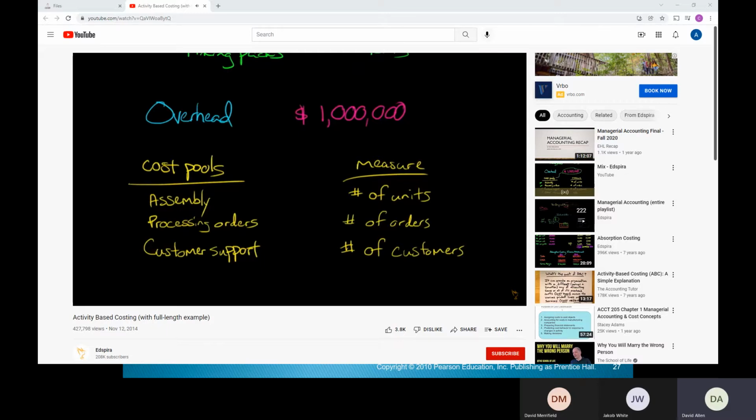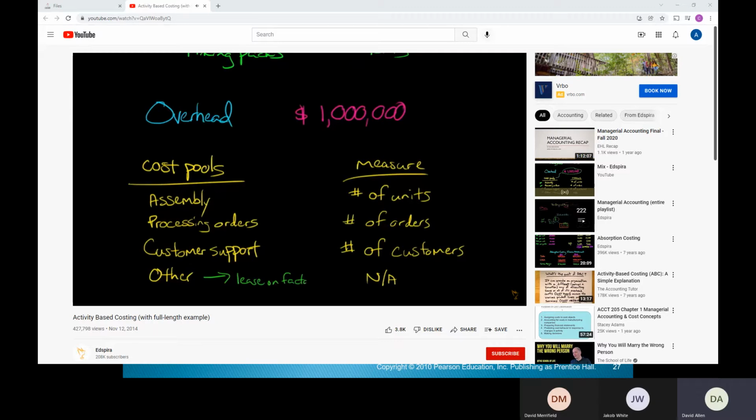Another cost pool, which is quite common, is just to have a pool called other. With other, we're not going to have any measure. Basically, these are things that some people call organization sustaining activities. This might be, for example, the lease on the factory.